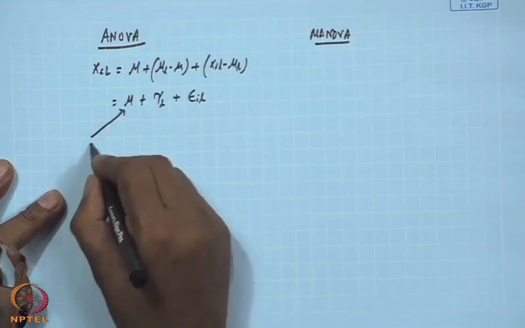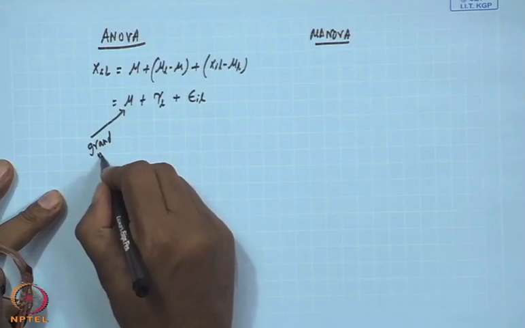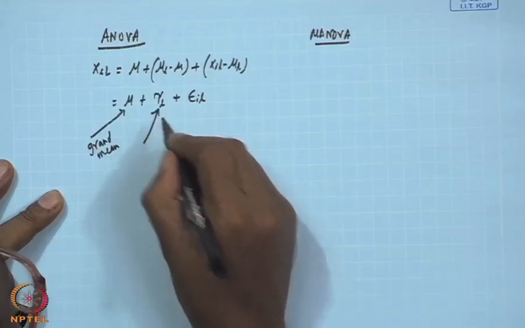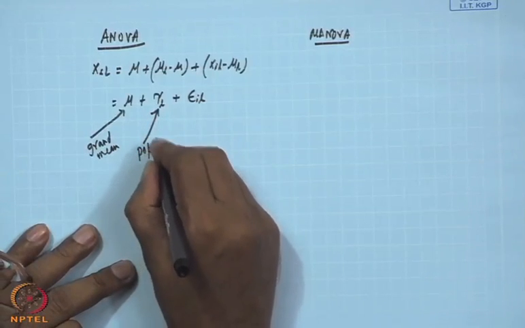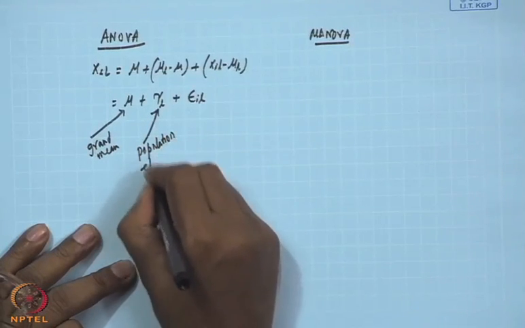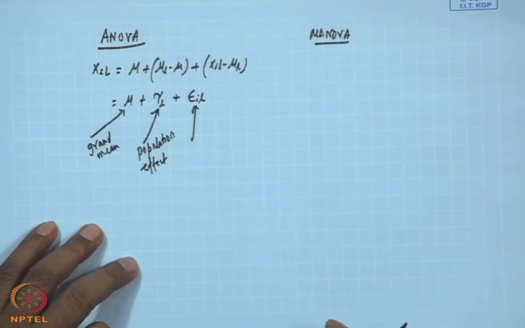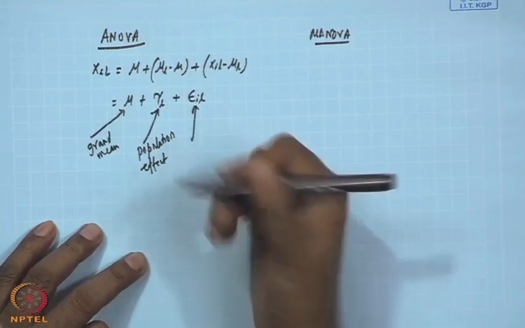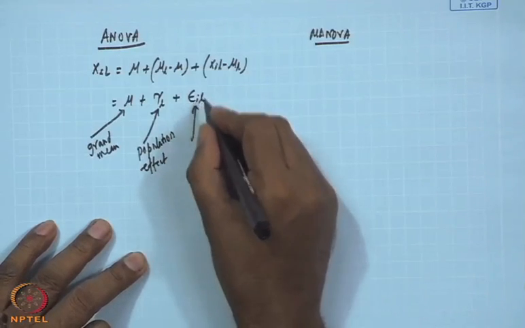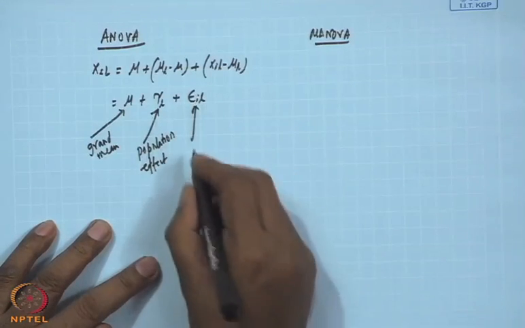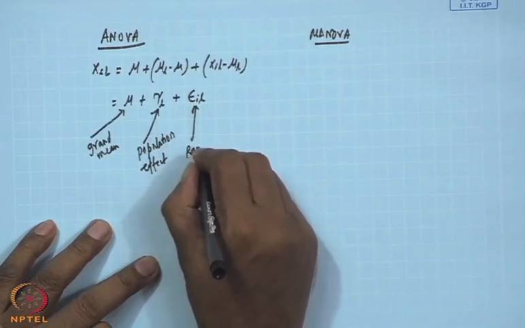Mu is the grand mean, tau L is the population effect, and no model is perfect, it cannot predict the exact same value for all the observations, there will be random errors. So, epsilon IL is the random error part.